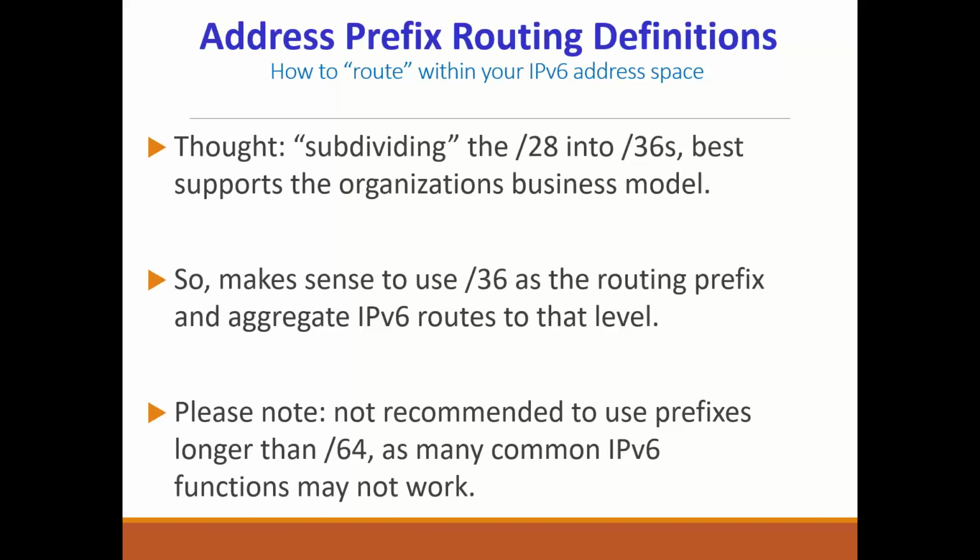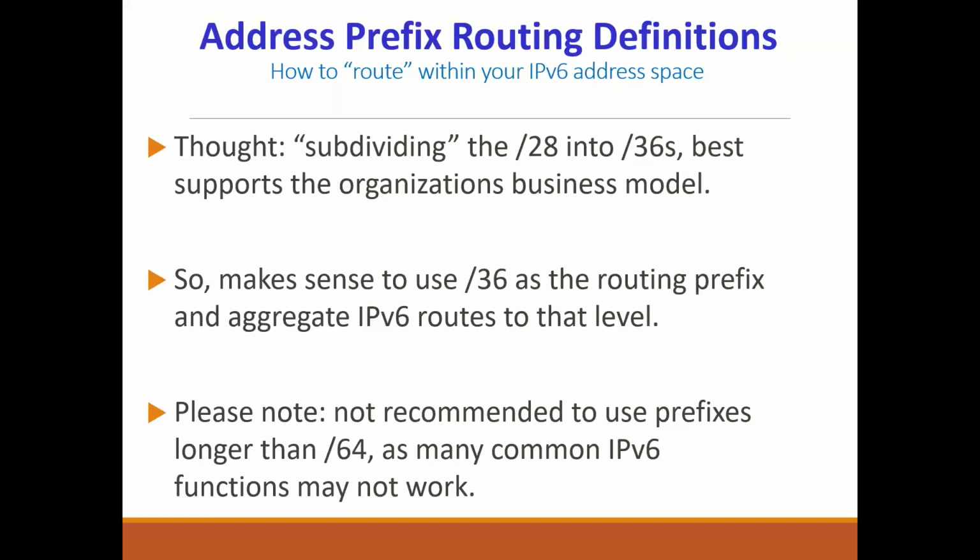Okay, so now we're going to talk about routing, and we're going to use our prefixes for routing. Why would we do that? Because of our technical and business requirements, we think that carving all this up into /36s best supports our organization's business model and technical requirements.